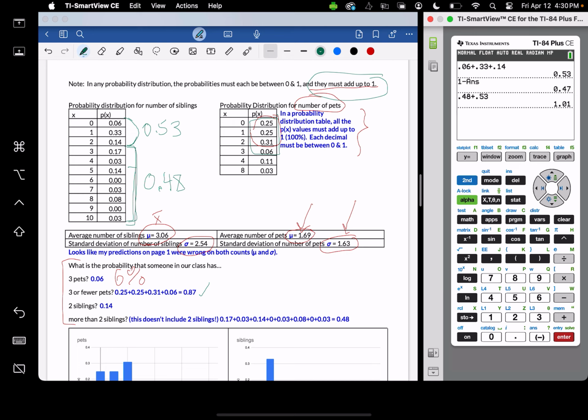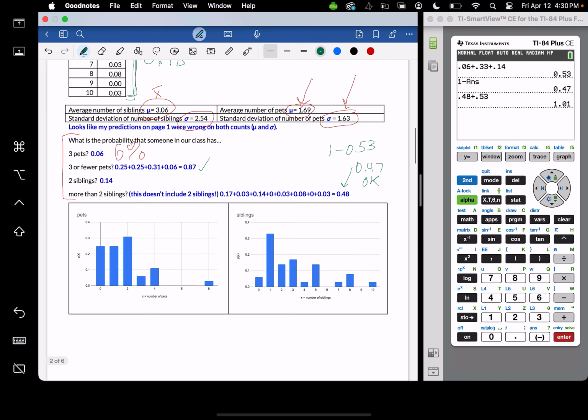So it really should just be 1. I'm not going to sweat this. So if you had accidentally put 0.47 here, then that would be fine. I wouldn't get upset, because that would be 1 minus 0.53. So your method is correct, it's just rounding that makes you be off.